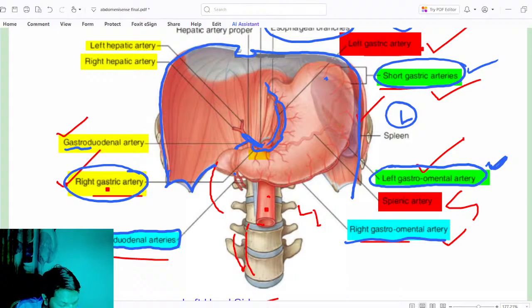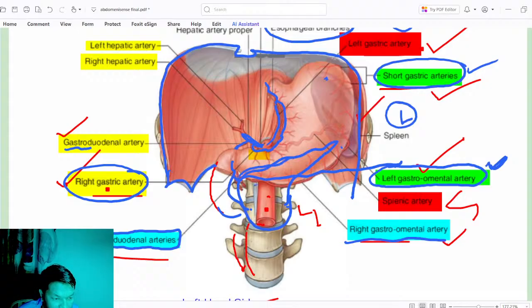Here will be the spleen. This is the duodenum. In the curvature of the duodenum, there will be the pancreas. The tail of the pancreas is attached to the spleen, right? So this branch gives supply to the duodenum and pancreas as well, in the superior part, so its name is superior pancreaticoduodenal artery.